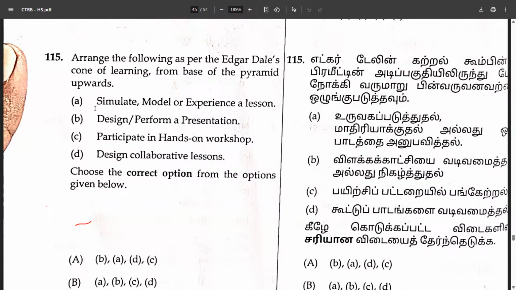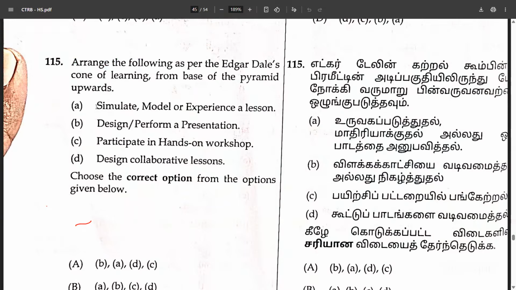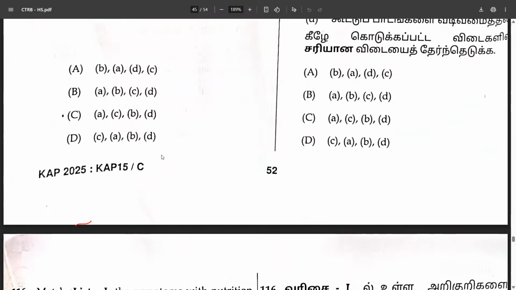So you have to arrange it according to Dale's experiment, the cone of learning pyramid. Here the first one will be simulation model and experiential lesson. Then participate in hands-on workshops. Then design and perform a presentation, and at the end design collaborative lessons.